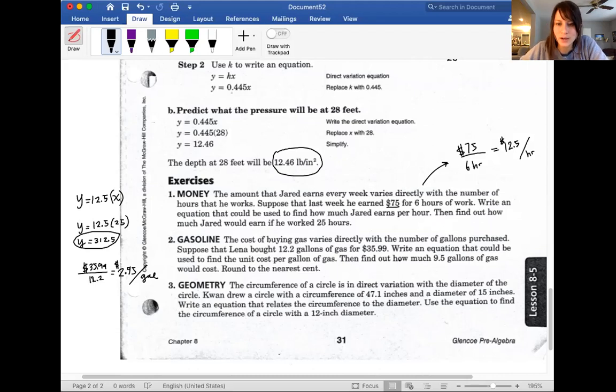And so now we want to find out how much would it cost if we bought 9.5 gallons. So our equation is going to be y equals 2.95 times x. Replace x with 9.5.